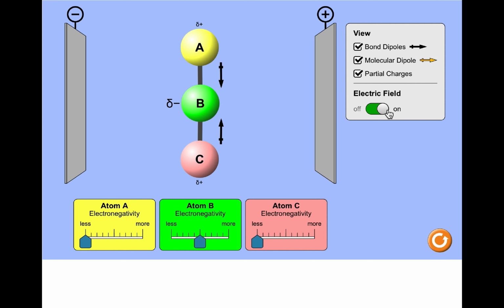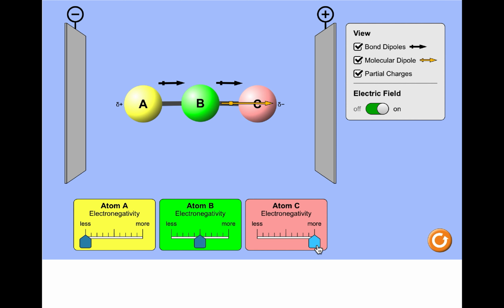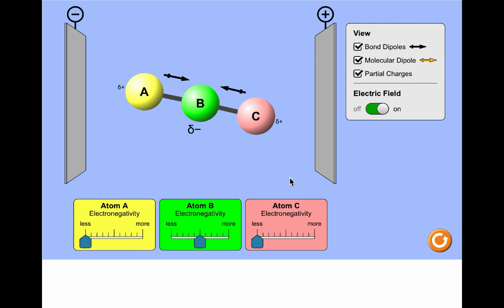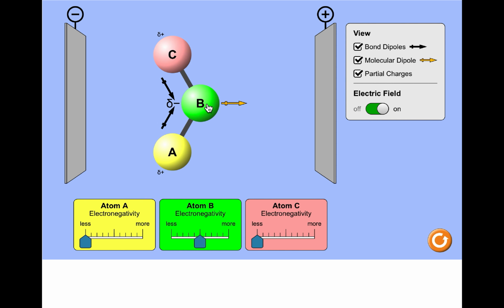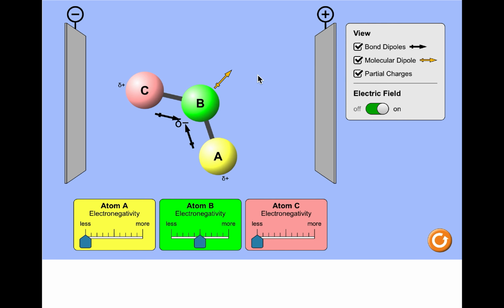If I turn on an electric field, I don't see it orienting and aligning itself in that electric field. If I were to change the electronegativity and introduce a molecular dipole, now I see that it becomes aligned. Another way that I can have a molecular dipole is changing the symmetry of the molecule.